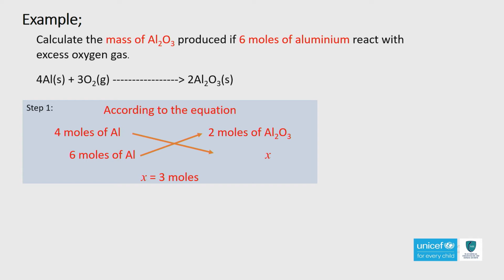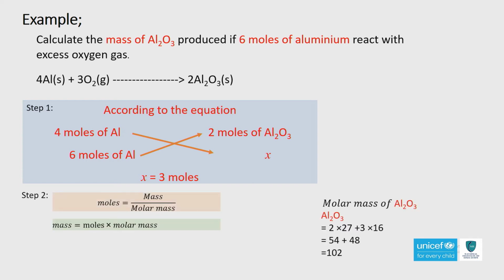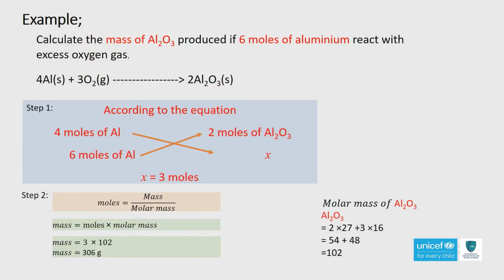Moles and mass are related by the expression moles is mass over molar mass, and mass can be made the subject in this equation, and when you do this you have to work out the molar mass of aluminium oxide. Aluminium oxide has 2 aluminium atoms and 3 oxygen atoms.